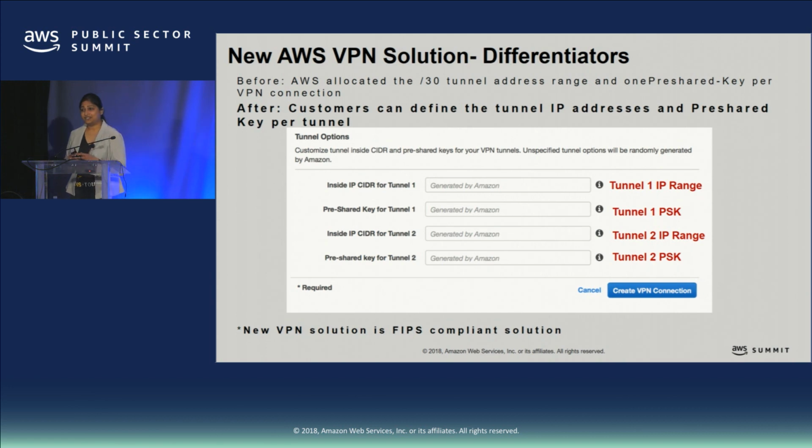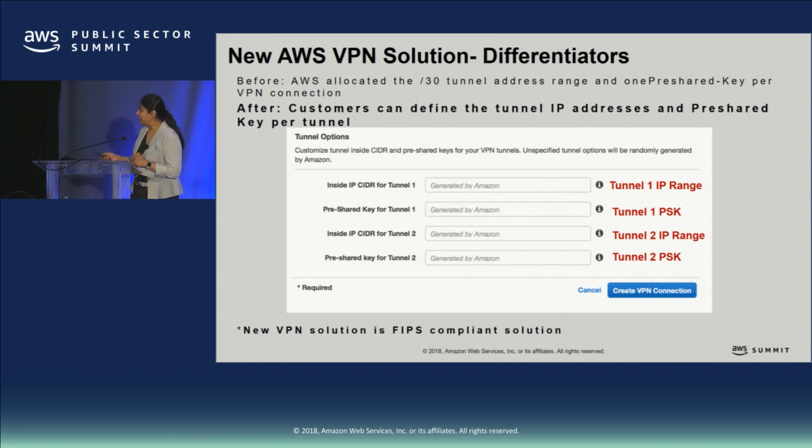The tunnel IP addressing is usually in the 169.254.255/30 address range. But with the new VPN connection, what's different is that, as you can see in the figure there, each time you create a new VPN connection, along with the ability to create the customer gateway, setting up the routing policies, you also get an option to define your tunnel IP addressing as well as a pre-shared key for each of the IPsec tunnels.